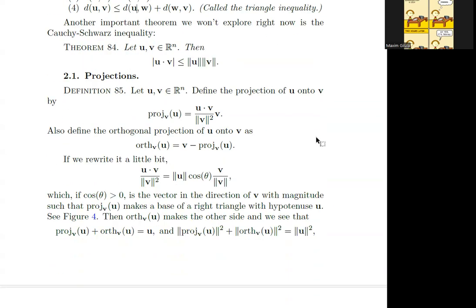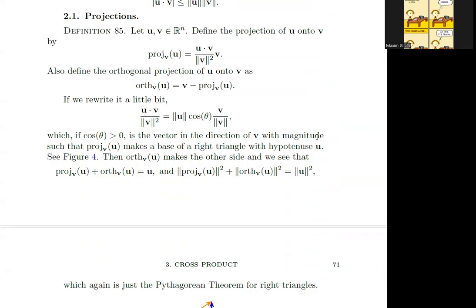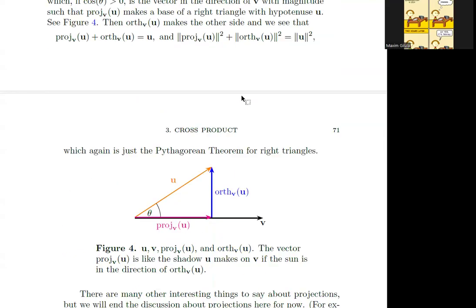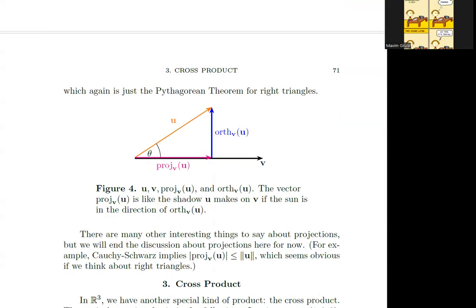Here's something else that's really interesting you could do with dot product. Projections. So define the projection of U onto V by this thing. And I will show you how I think about it later on. So here's a picture. We have a vector V, this one. We have a vector U, this one.